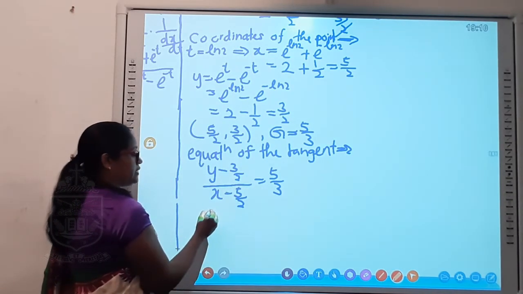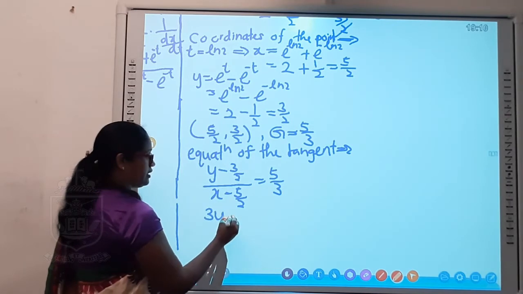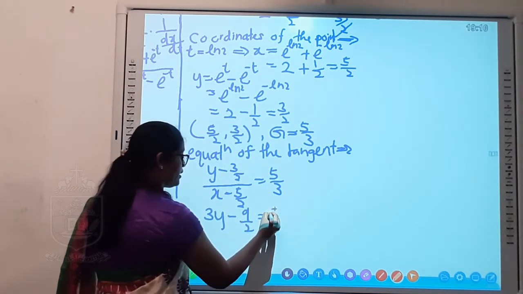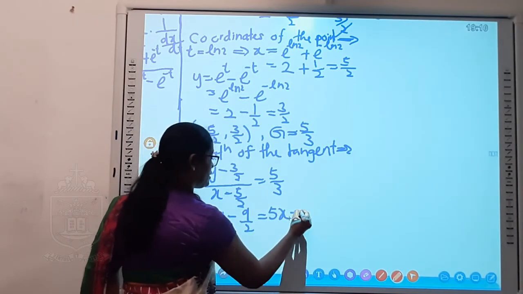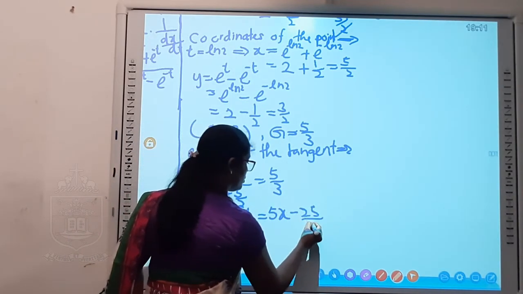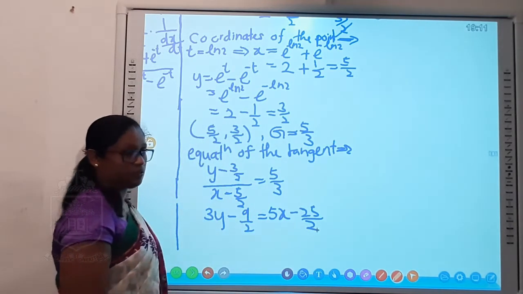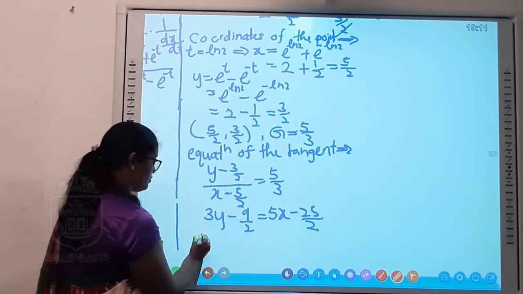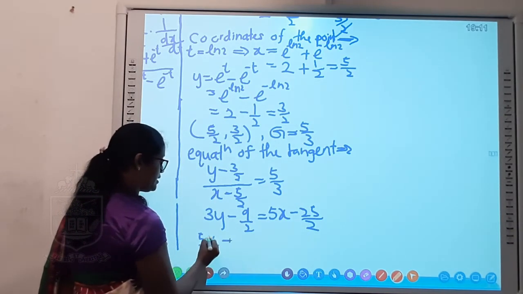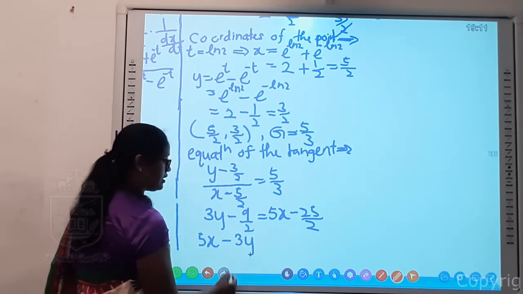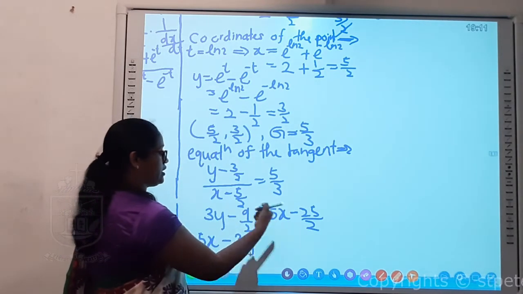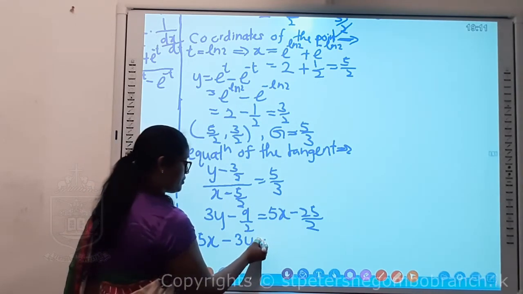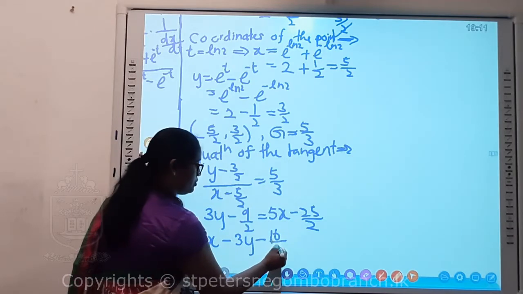So if I apply it, it is 3y minus 9 over 2, equals 5x minus 25 over 2, right? So I arrange this into the format of ax plus by plus c. So 5x minus 3y, and once I bring this to the other side, it will be plus 25 minus 9, that is 16 over 2.